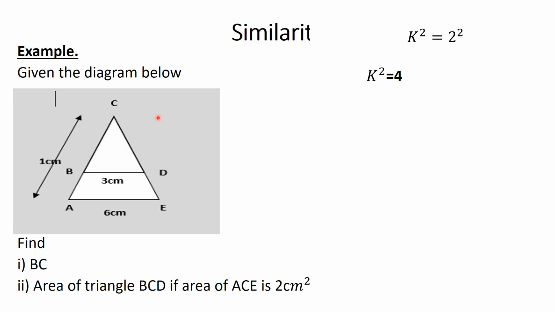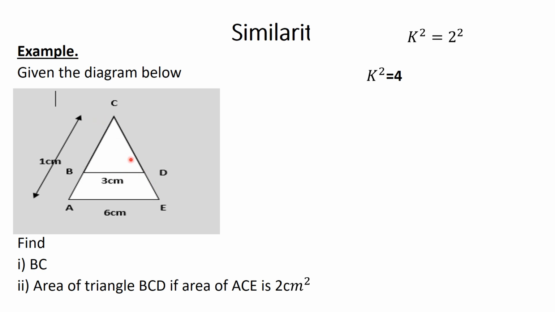Okay, so in this case, we ask ourselves, how do they get K? So we got K by saying EA over DB. EA is the dimension for the larger triangle and DB is for the smaller triangle. So because of that, we are going to make sure that the area for the larger triangle is on top and the area for the small triangle is on the bottom.